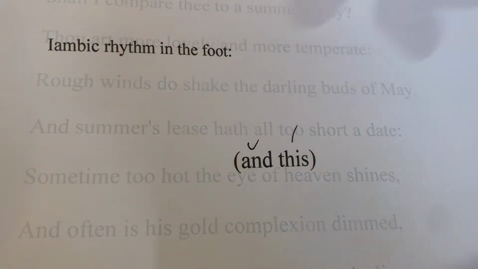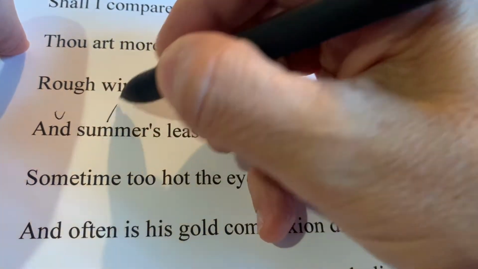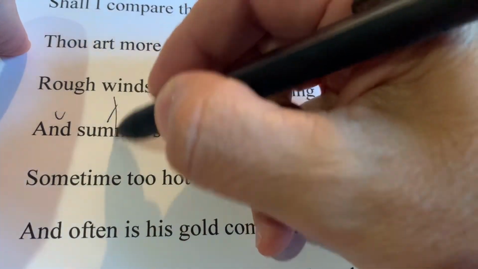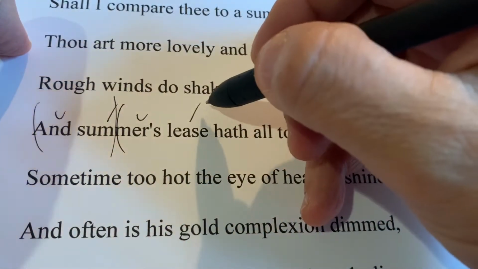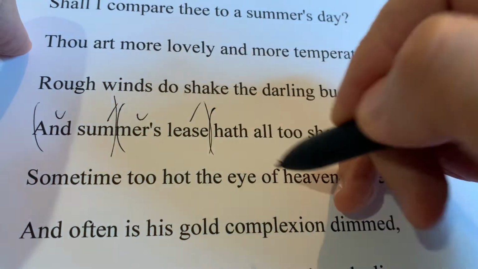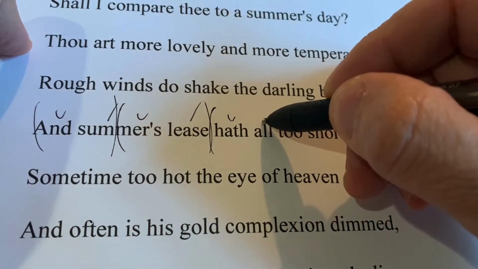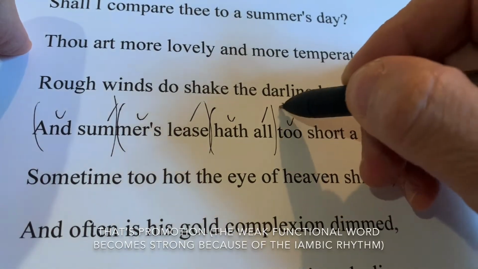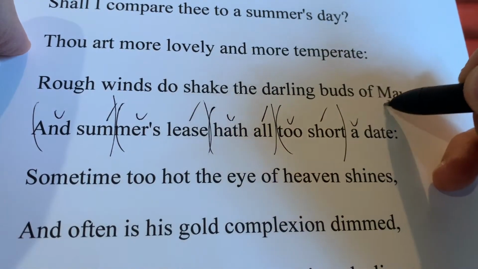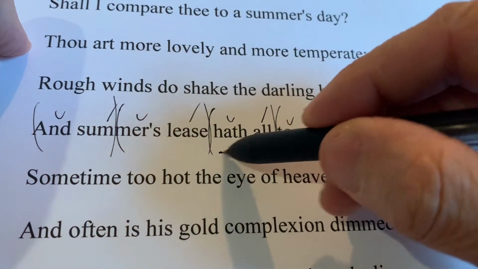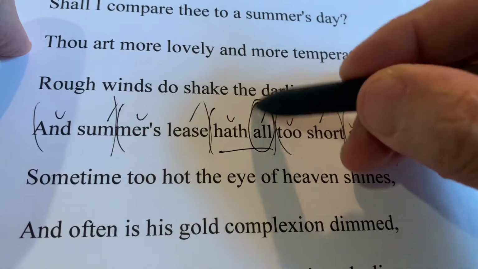And this. And summer's lease, those are the first 2 feet. And then here's the third one. Hath all too short a date. And in here, you're seeing the promotion right there.